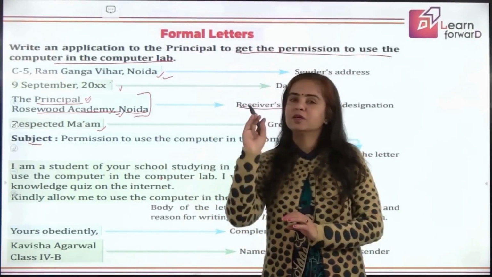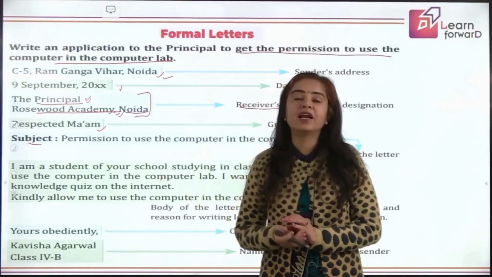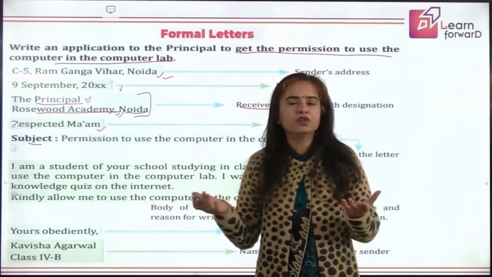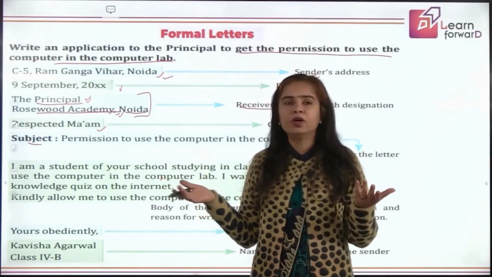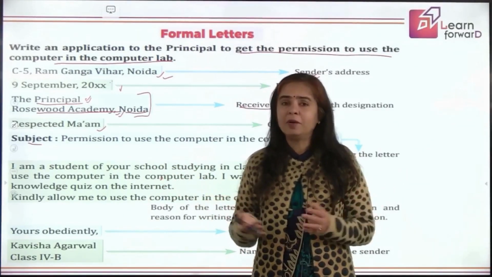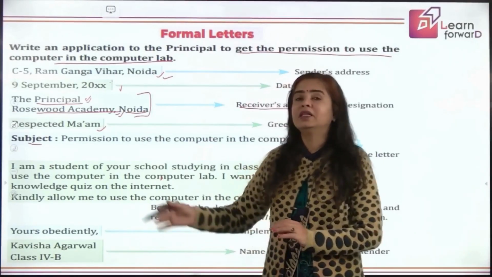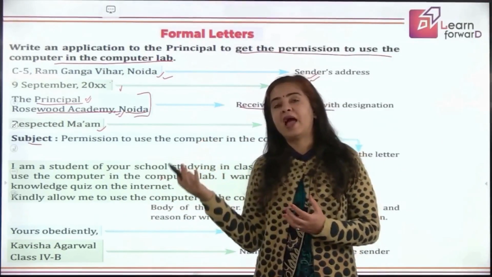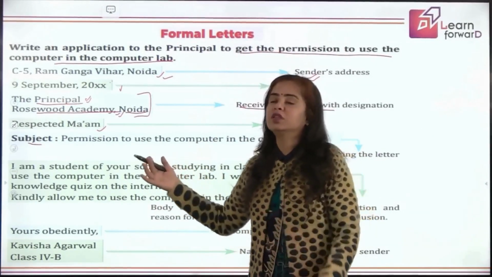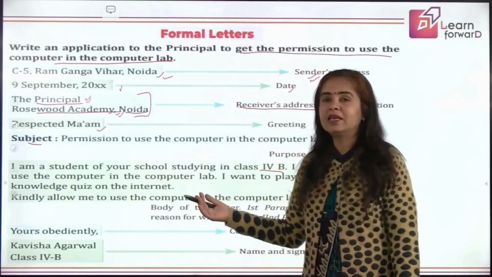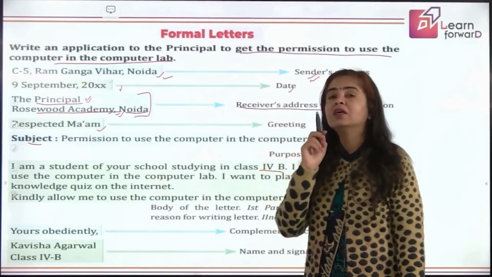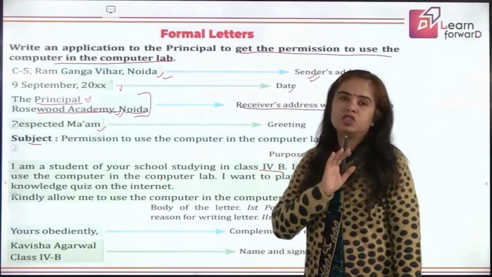There should be some specific reason that should be justified. If you say, I want to use the computer to play games, will that be allowed? No, but this is good because you want to enhance your knowledge. So for this, you will be getting permission. So remember that the reason that you give should be justified.